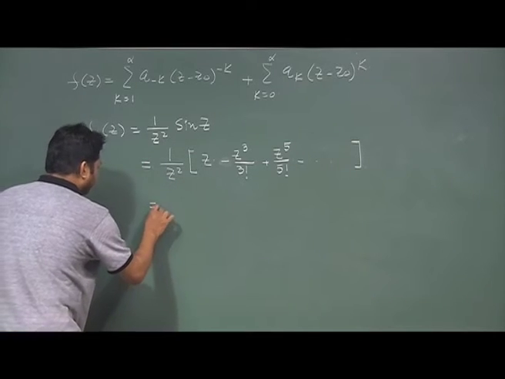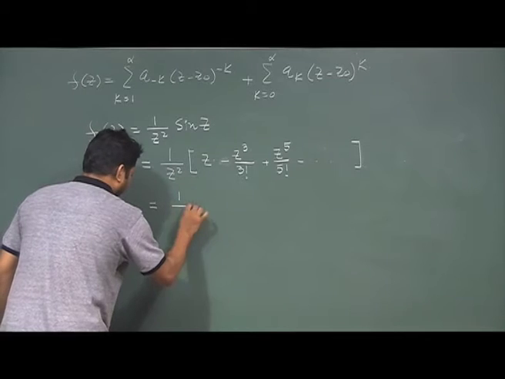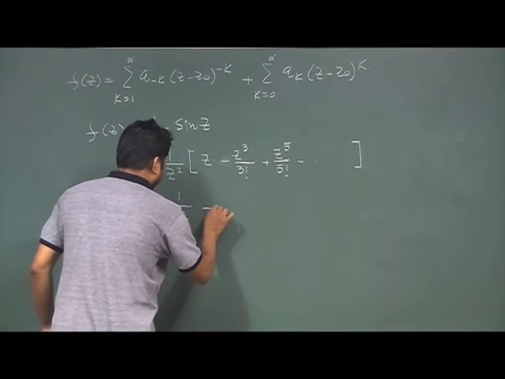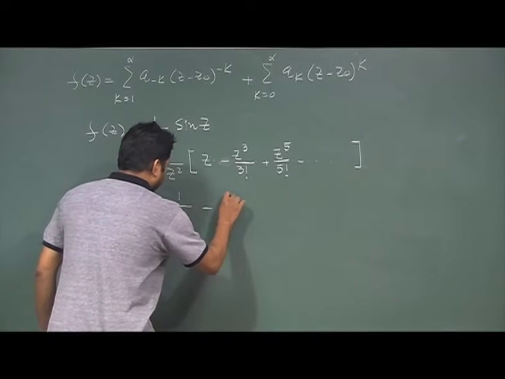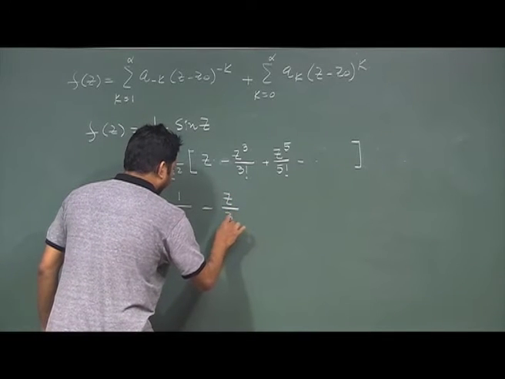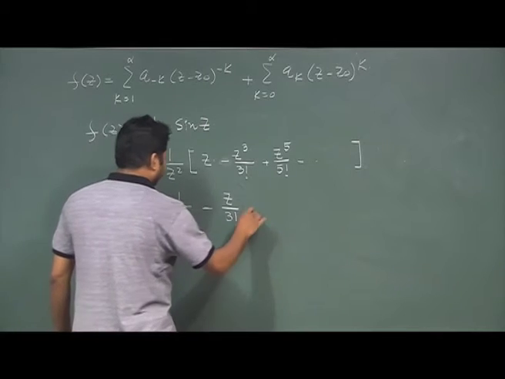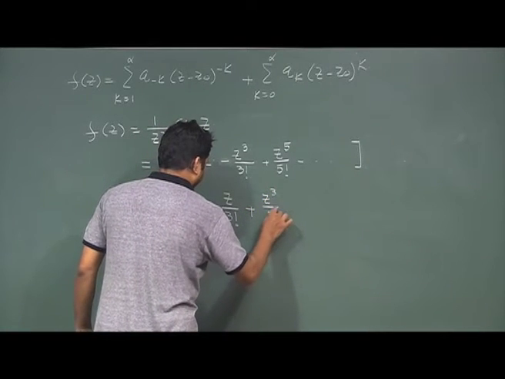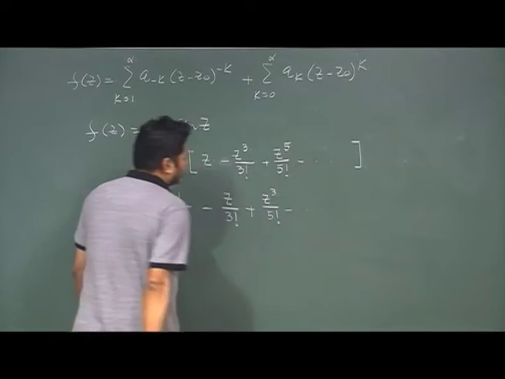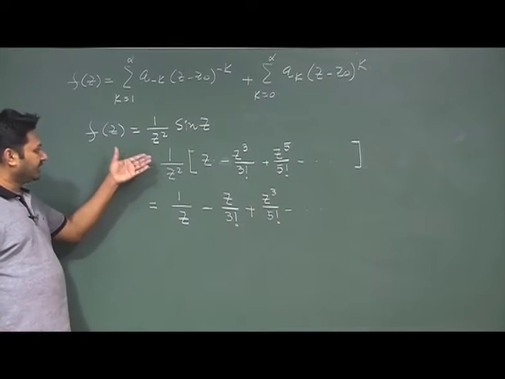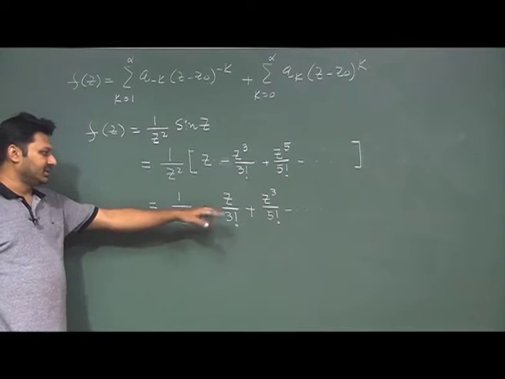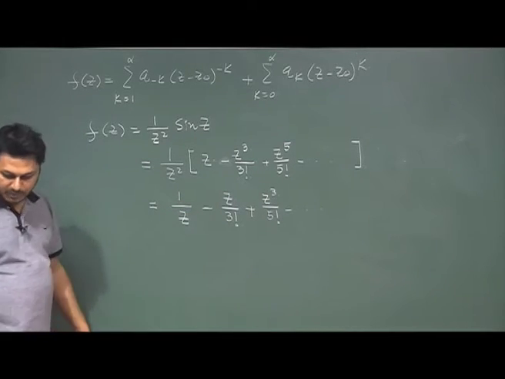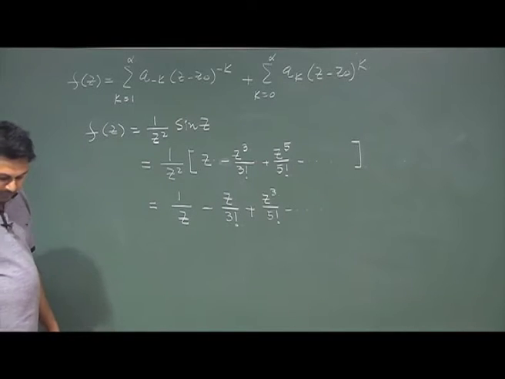Now if I simplify, the first term I will have is 1 by z, then my second term will be z divided by factorial 3, the third term is z cube divided by factorial 5 and so on. You should note that every time I expand this series, the coefficient is changing.